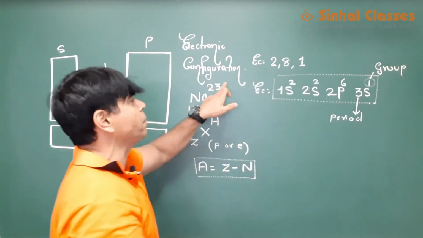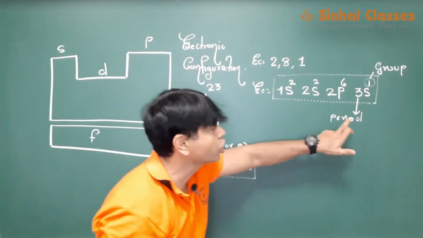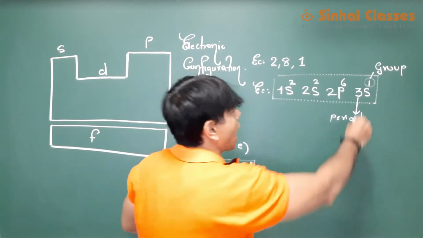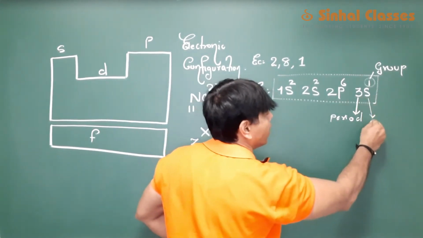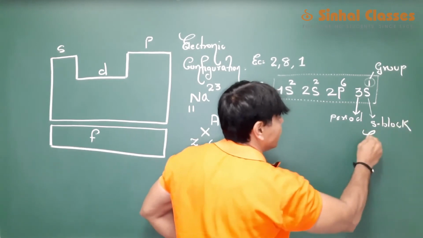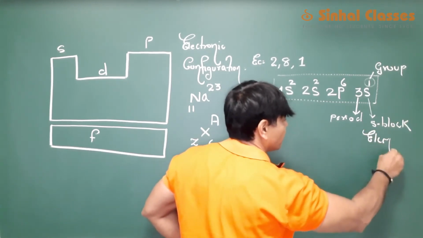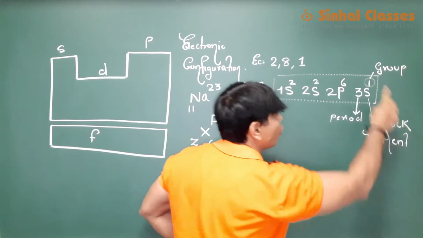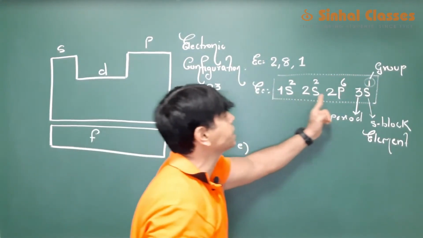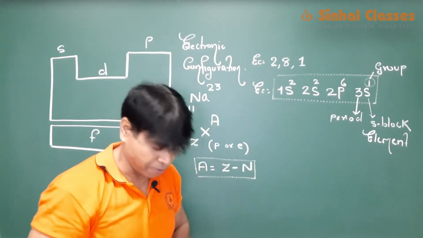So sodium belongs to the 3rd period, 1st group, and is an S block element. So I know the position of the element by just writing this electronic configuration.